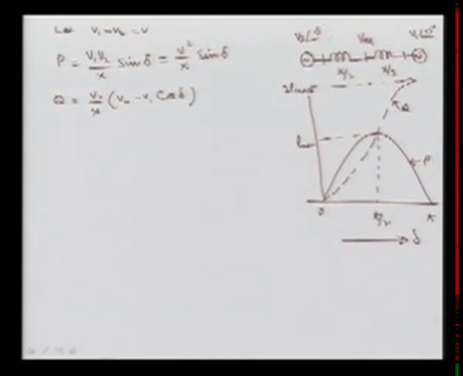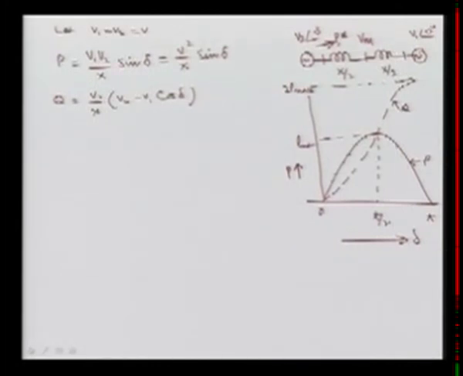Now if you write the power flow, that is P and Q, as I have already derived, P will be V1 V2 upon X sin delta, where delta is the angle difference between these two buses and X is the total reactance of the line. If V1 and V2 are equal, let's suppose we maintain the voltages at 1 per unit, then it is V square upon X sin delta, and we get the P-delta curve that I have shown.